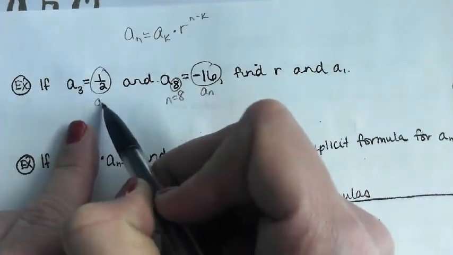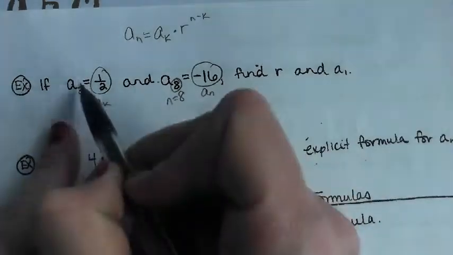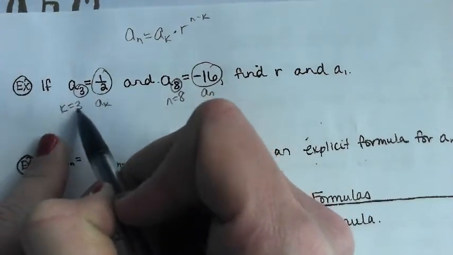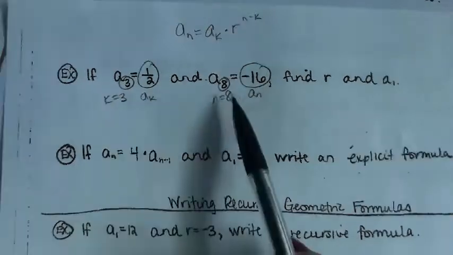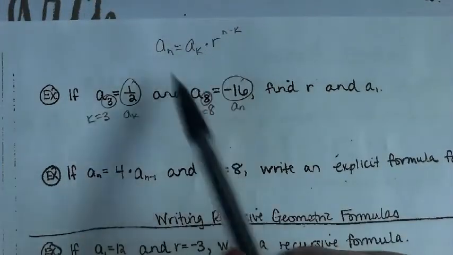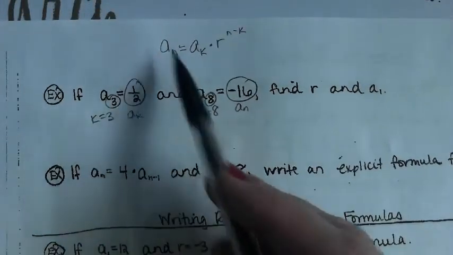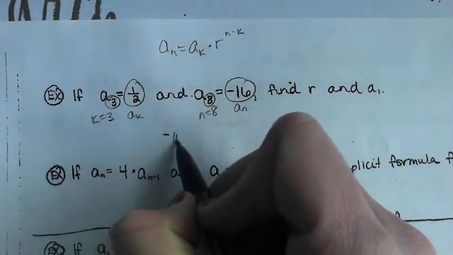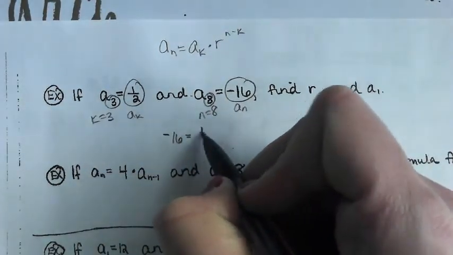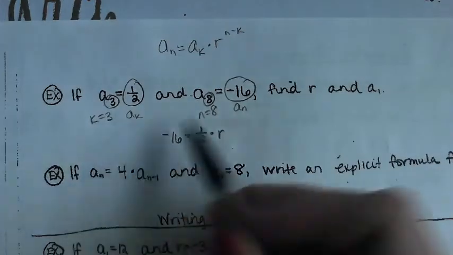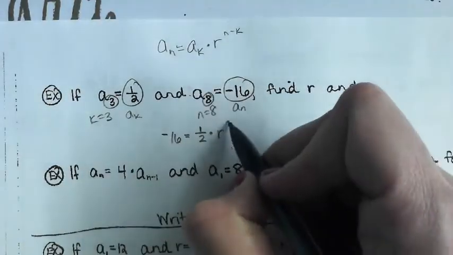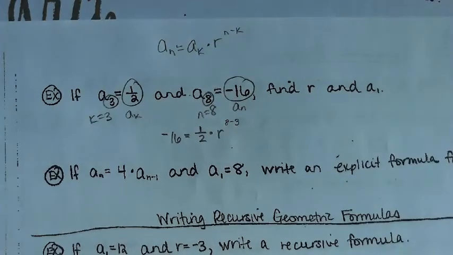This is my kth term, and therefore k is 3. So I'm first going to use those 4 pieces of information and find what's missing. So a sub n is negative 16. A sub k is 1/2. R is what I'm looking for. And then n minus k is 8 minus 3.